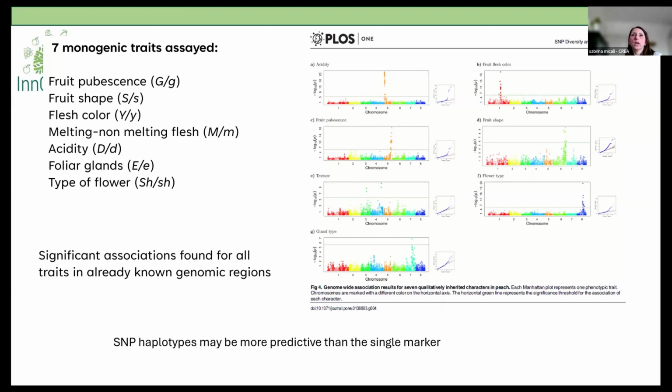So we chose 7 monogenic traits that are easy to score, for which we already know the position in the genome, or for some of them the gene had already been isolated, in the case of fruit pubescence and flesh color.